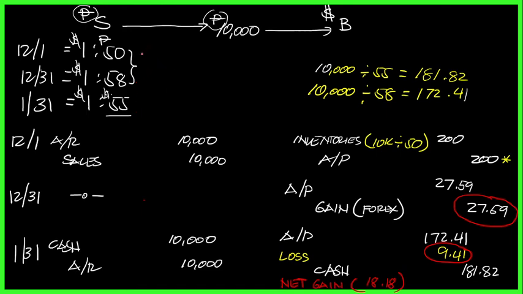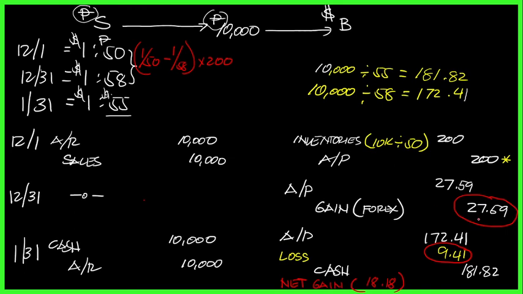Ayan. Okay? If you want to use that approach, it should be stated on using the indirect quotation. So that will be 1 over 50 minus 1 over 58 times 200.